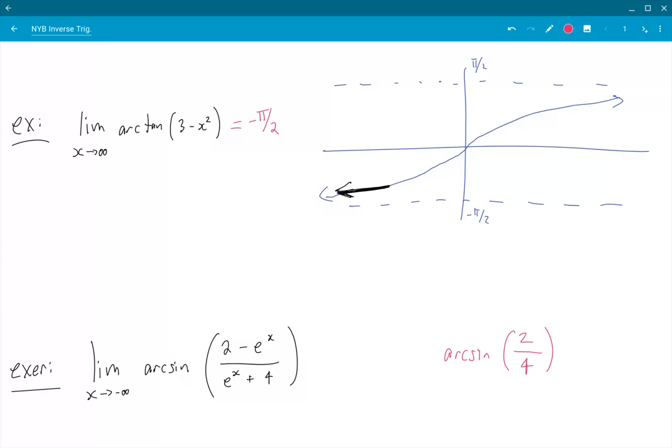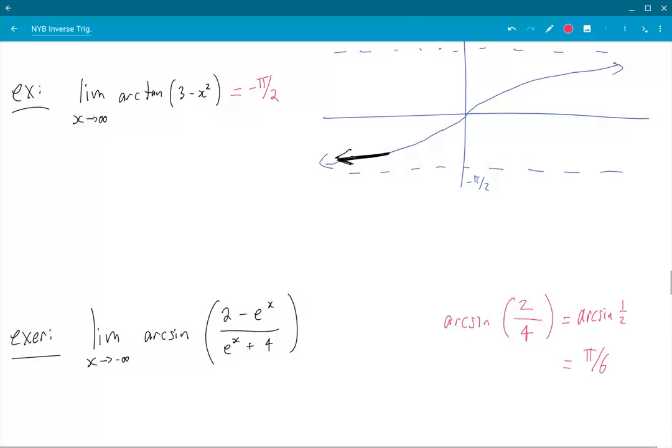So arc sine of 2 over 4, which is arc sine of a half, which is pi over 6. So my final answer is pi over 6.